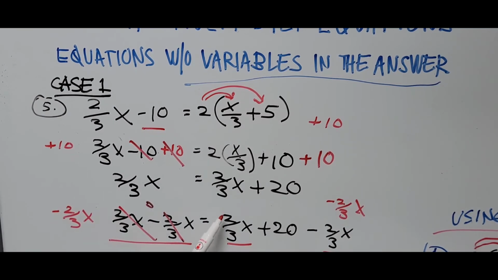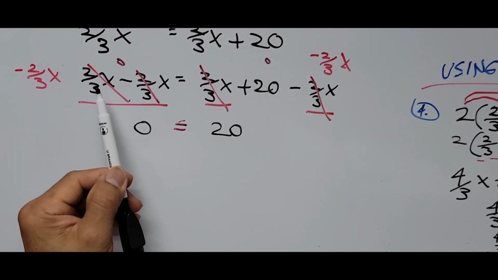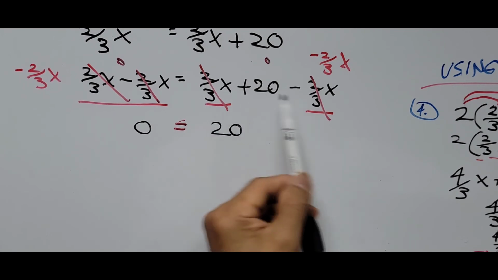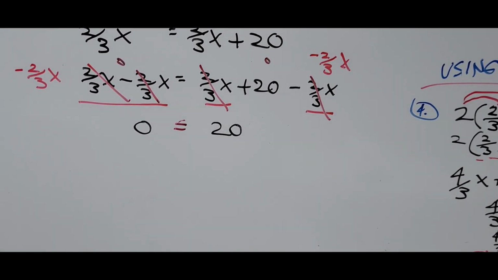What do you have right here? 2/3 x minus 2/3 x again, that's 0, right? What you have left? So this is 0. How about on the right side? We left out with just 20. 20. That's the answer. How did we get that one? Cancel that out, 0. 2/3 x minus 2/3 x is 0. I mean 2/3 x, cancel that out. What we have left is 20. So that's the answer.